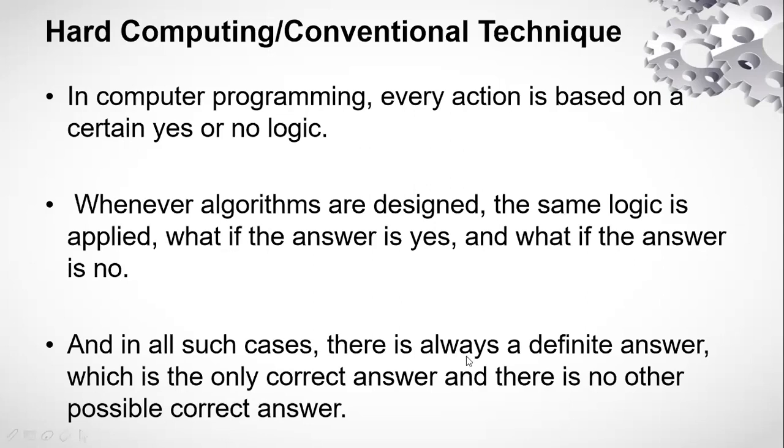In all these situations, we are going to get a definite answer, that is a correct answer, right? There are no other possible answers. Now, let's take an example. The example is a very basic one.